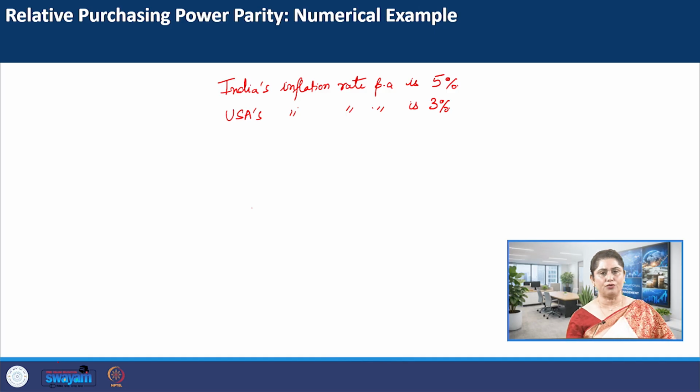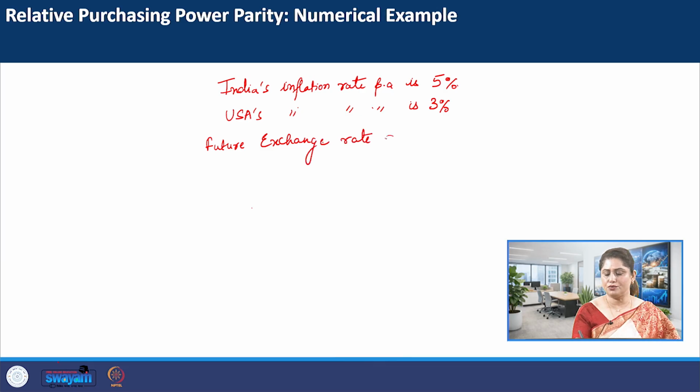Now, we want to know what is going to be the future exchange rate after 2 years.